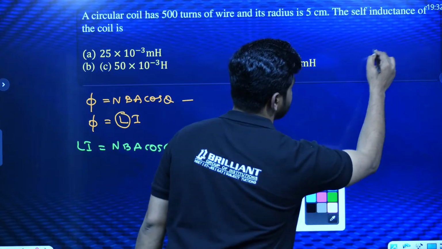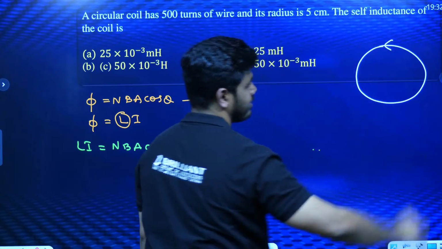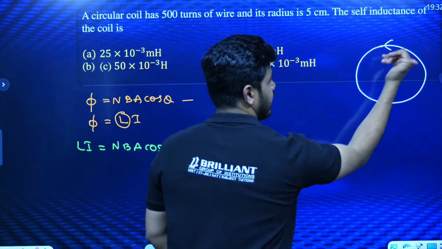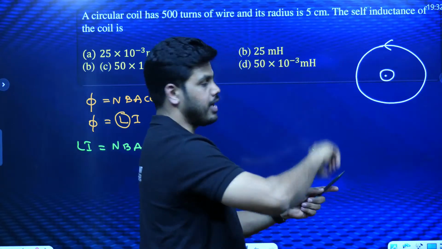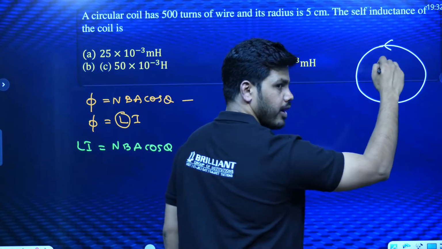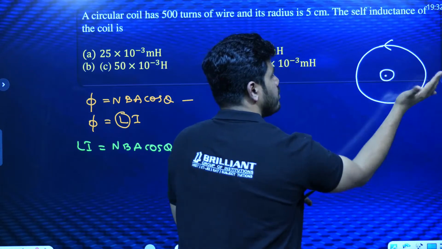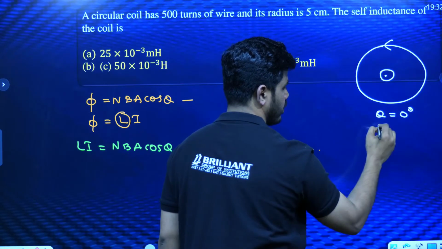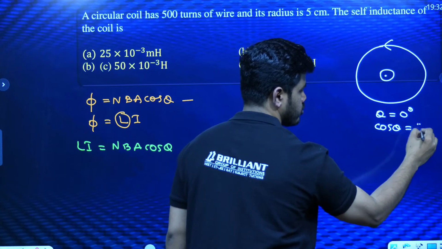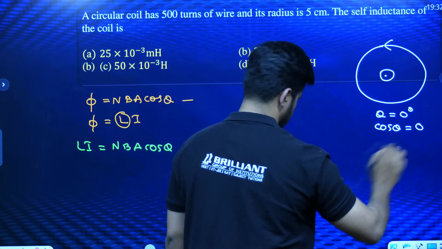We have to assume some current. So this is the current carrying loop. Imagine we have magnetic field at the center, which is a dot. It is going out, and current is anti-clockwise, area of the loop is also going out, so that magnetic field and area vector have an angle of 0 degrees. Cos theta is equal to 1, right? Cos theta will be 1.